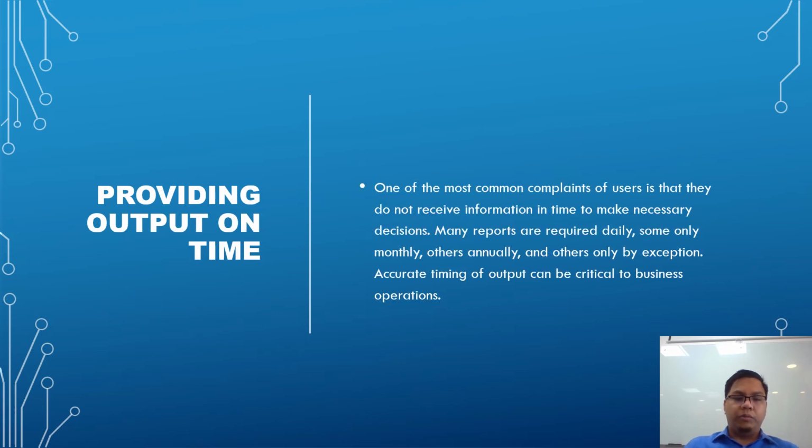One of the most common complaints of users is that they do not receive information in time to make necessary decisions. Many reports are required on a daily basis, some only monthly, others annually, and others only by exception. Accurate timing of output can be critical to business operations.